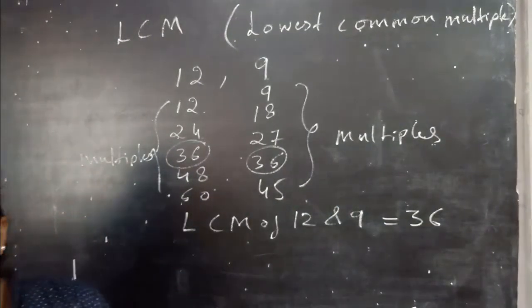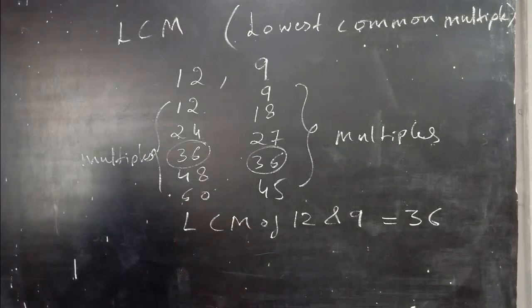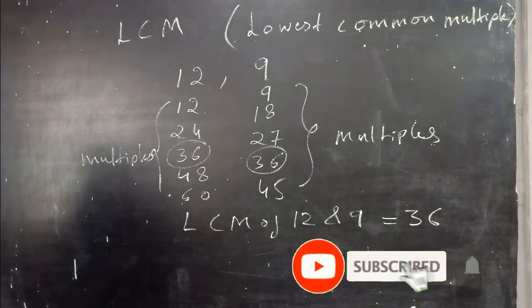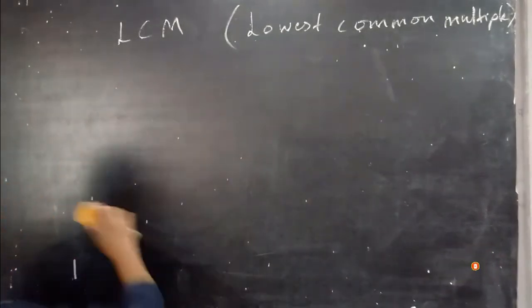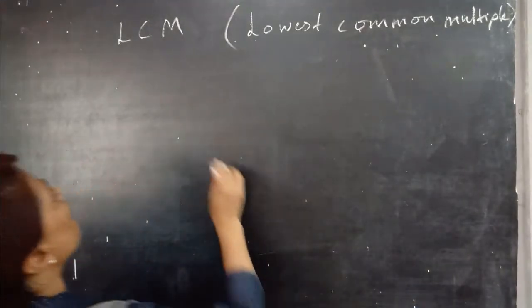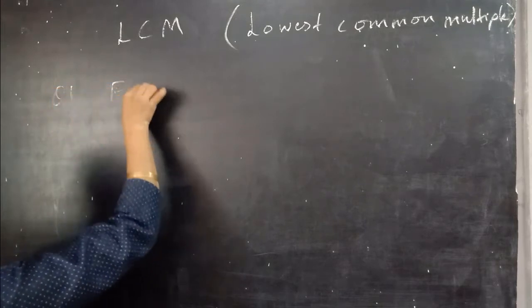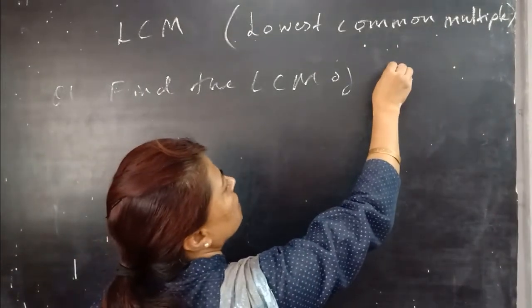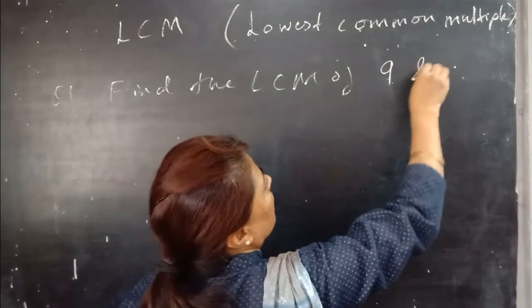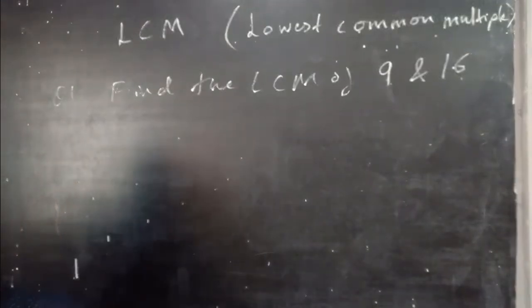Now, for finding it, there are some processes. For finding the LCM, let us do those processes with some examples. One example I am taking: let us find the LCM of 9 and 16.